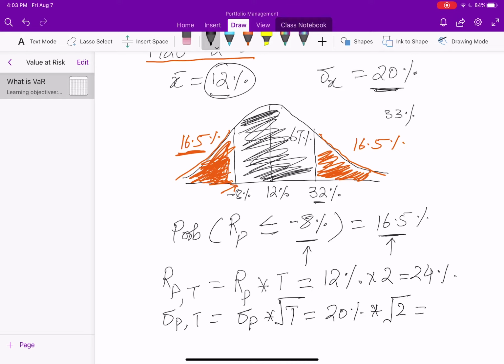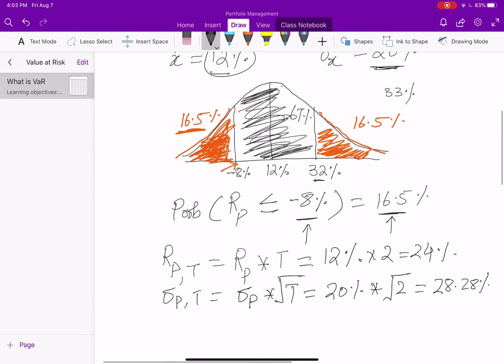If you do this calculation, you will find that it is 28.28%. So what we have done here is convert the average annual return into the 2-year average return, and likewise we converted the average annual standard deviation into the average 2-year standard deviation.